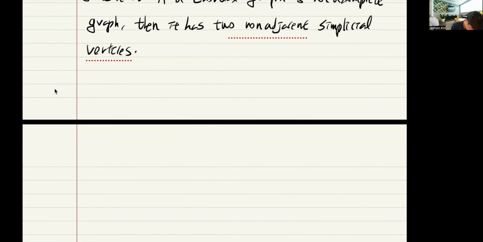Okay, let's say you have a chordal graph G. If this is a complete graph, then there is nothing to prove.